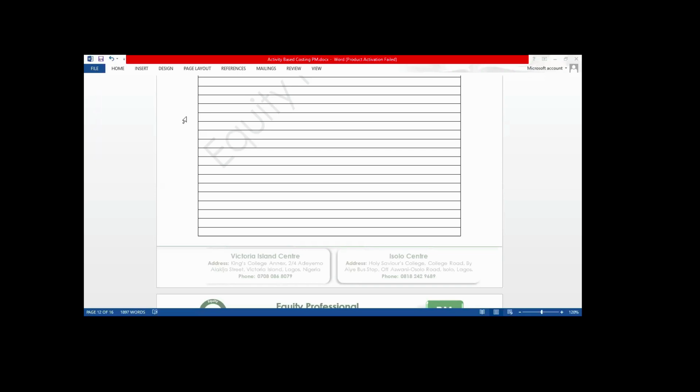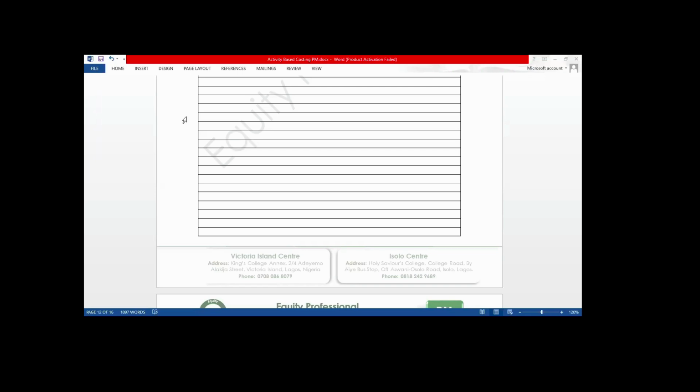We now have indirect cost. Indirect costs are costs incurred but cannot be traced to a specific product. A good example is factory rent.